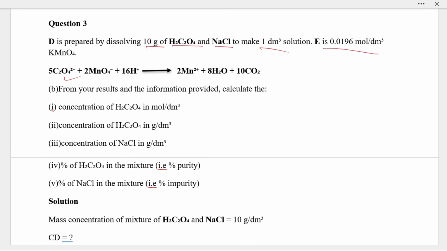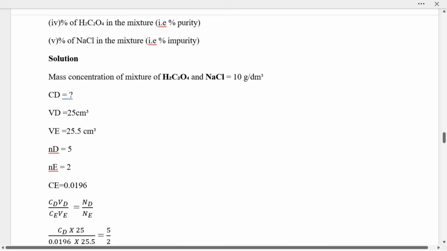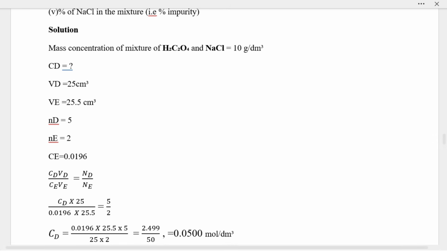From the result and the information provided, calculate the concentration of H2C2O4 in mole per dm³, the concentration of H2C2O4 in gram per dm³, and the concentration of NaCl in gram per dm³, then the H2C2O4 in the mixture and NaCl in the mixture. It's a very simple solution. Now our mixture is what? It is 10 grams per dm³ of the oxalic acid and sodium chloride. That's our mixture. Then look at our value.